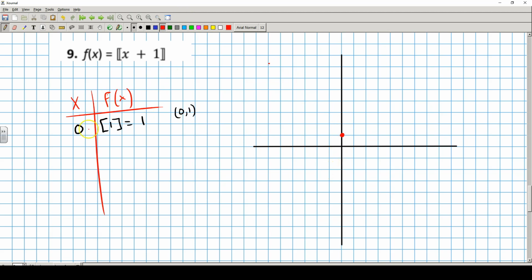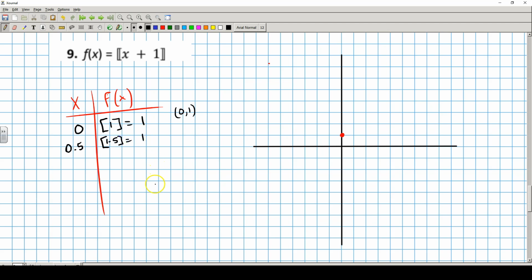Now also, if I were to plug in anything above 0, I'm going to get the same output. So you don't have to do this for each one because you're going to understand how this works. But for example, if I plug in a half, that would be like saying, let's round down from 0.5 plus 1, so 1.5.